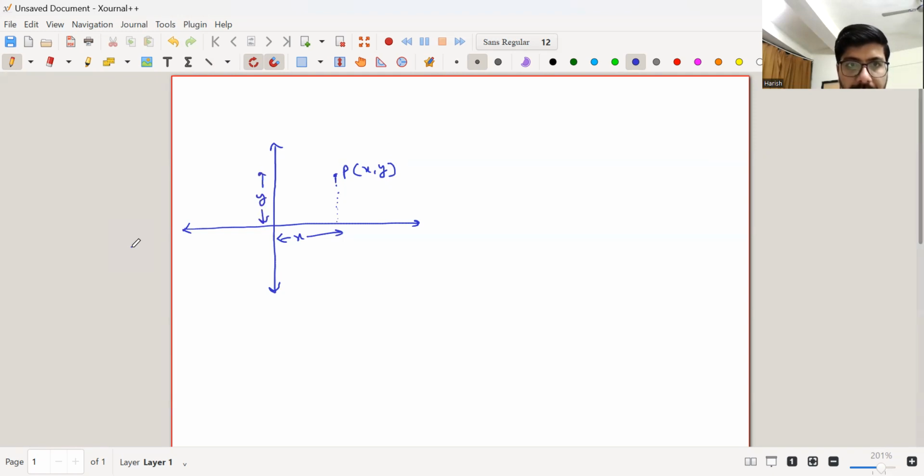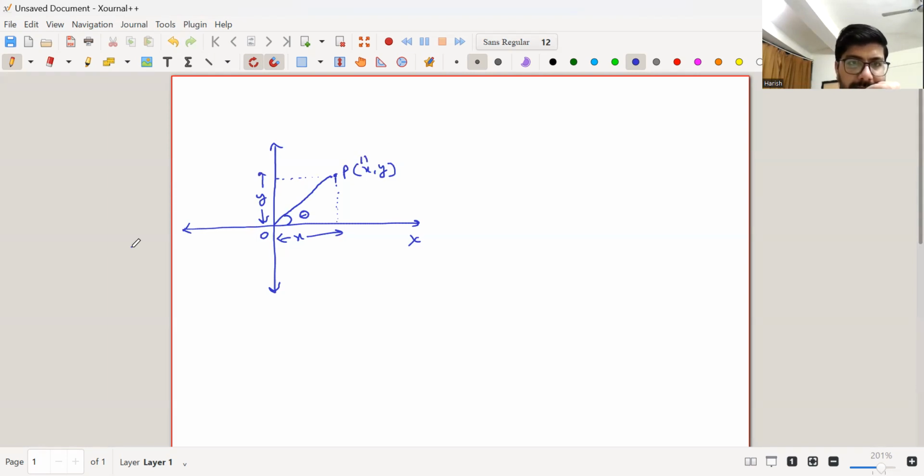If we can construct an angle theta such that the vector joining the origin to this point P forms an angle theta with the x-axis, that means we can construct this point also.